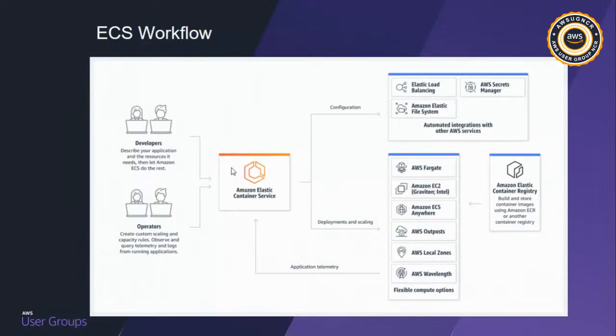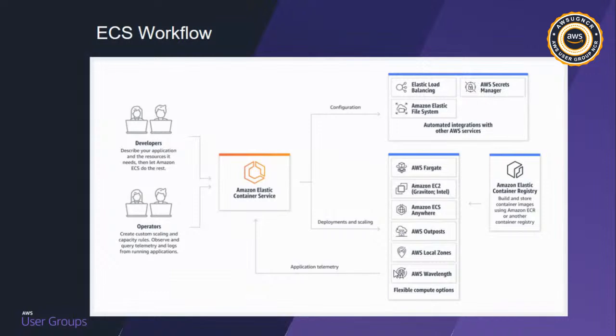ECS will launch that application as per the configuration you have provided. It will monitor and scale your application across various flexible compute options. These are the various compute options which are available here, so you can run your application on any of these available compute methods.